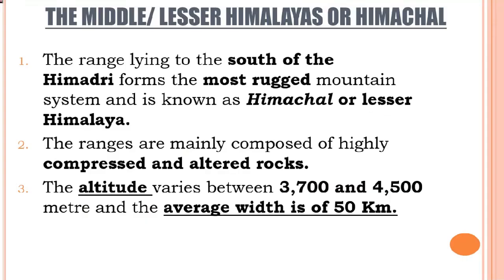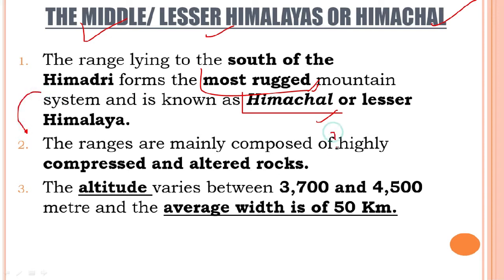Next we come down to learning the specific characteristics of the Middle or the Lesser Himalayas or Himachal. Okay, students, we have seen that this part of the Himalayan mountain is also known as the Himachal, and we have also seen that it is the most rugged mountain. Why? Let us go to learning about the structure or the composition of rocks.